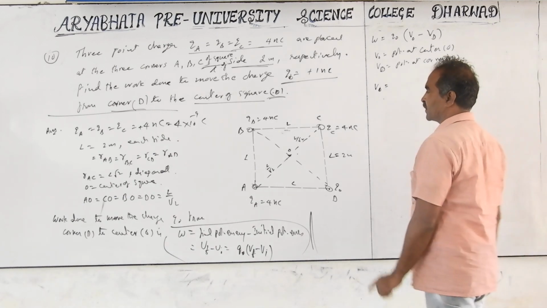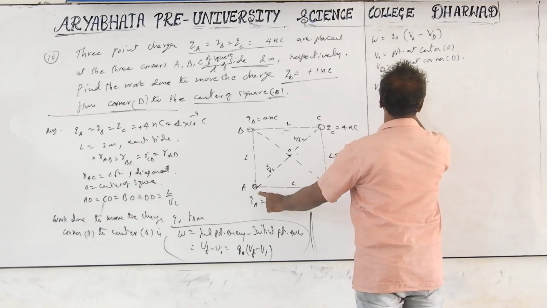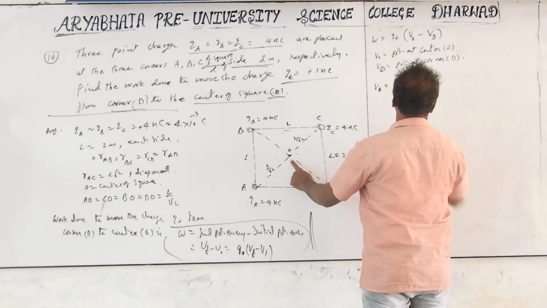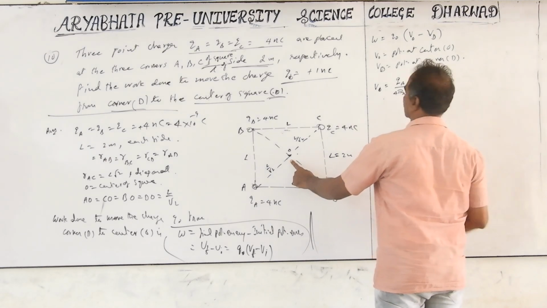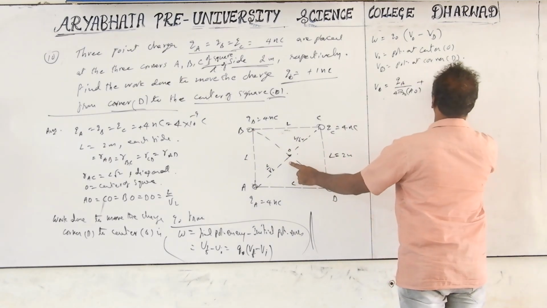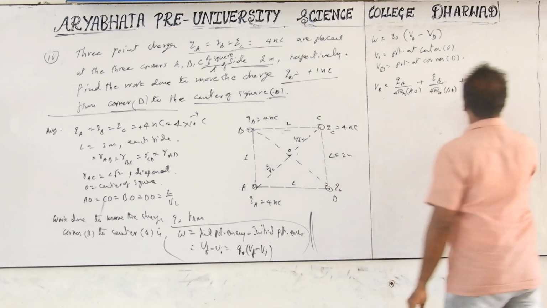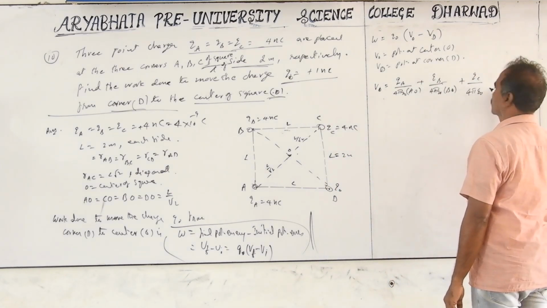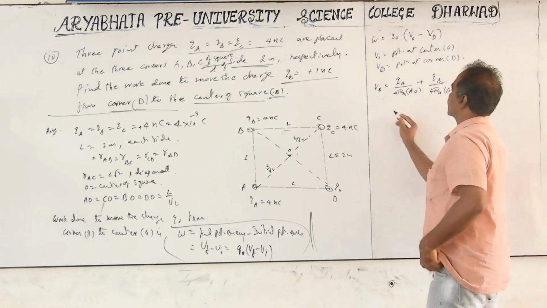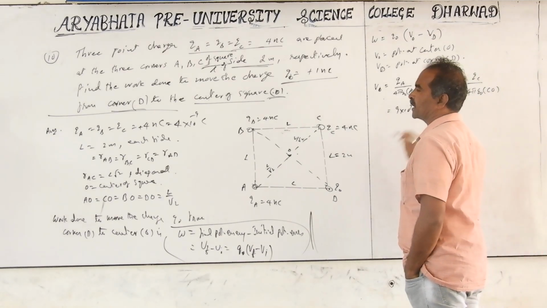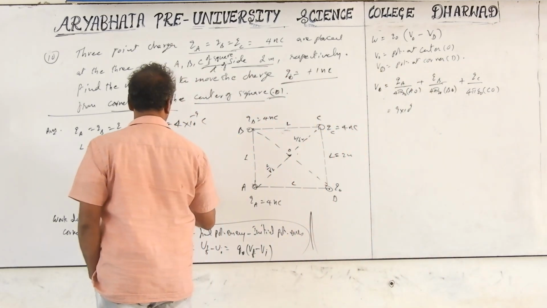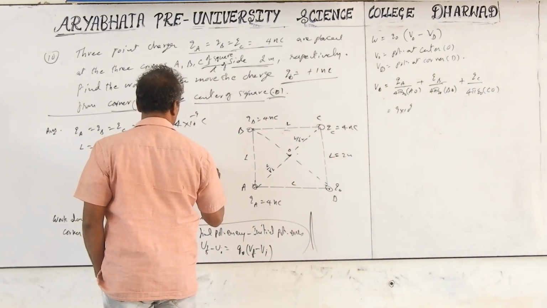Because of QA, V equals charge by 4 pi epsilon naught into this distance, AO, plus the potential at O because of QB by 4 pi epsilon naught into BO, plus QC, only 3 charges, by 4 pi epsilon naught into CO. 1 by 4 pi epsilon naught is 9 into 10 to the power of 9.